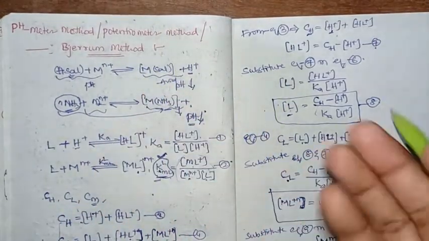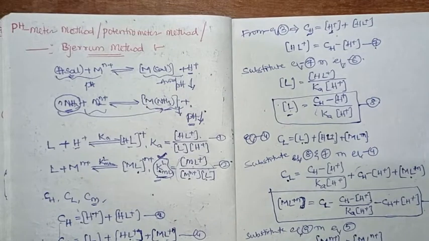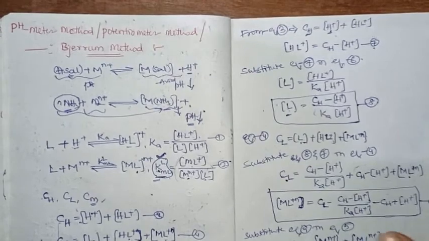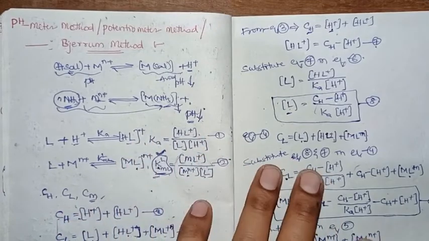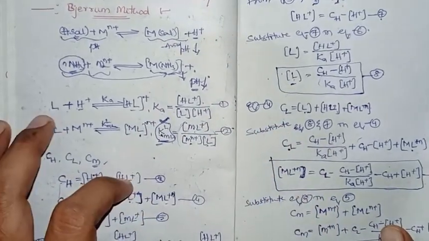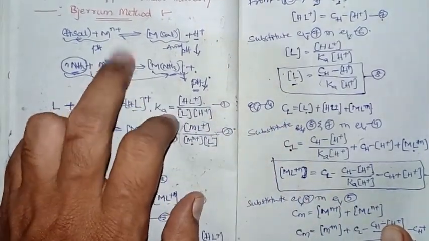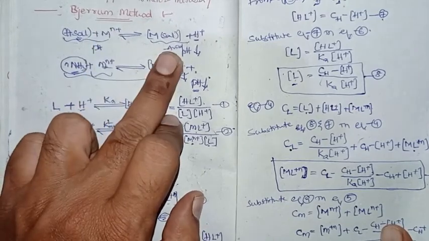So now let us go for the next derivation, the stability constant derivation from the spectrophotometric method. You got this all right? This is very easy. Initially we have to see how we can interrelate the pH value with the stability constant.